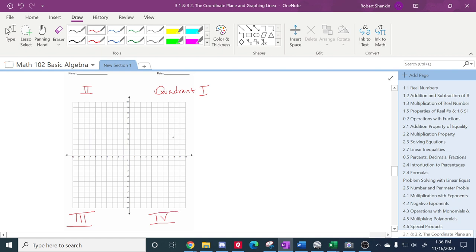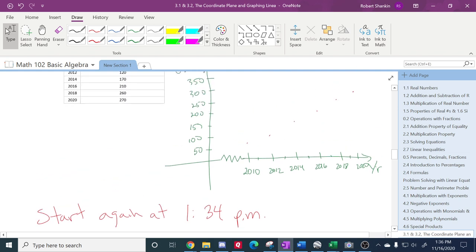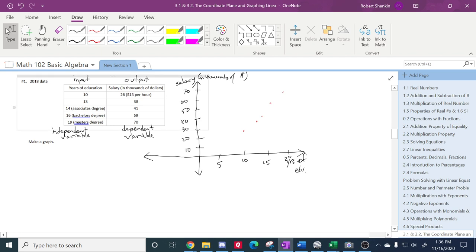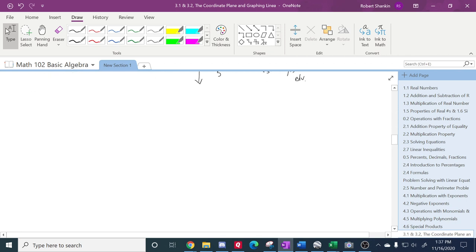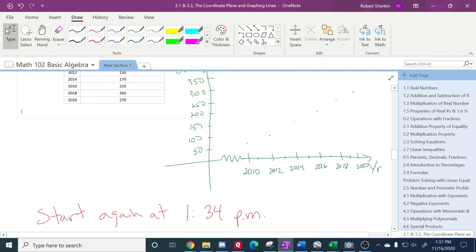Now, the reason why we start in quadrant 1 over here on the upper right, well, it's pretty clear. A lot of the times, all the data is positive. And there are really 4 quadrants here. 1, 2, 3, 4.